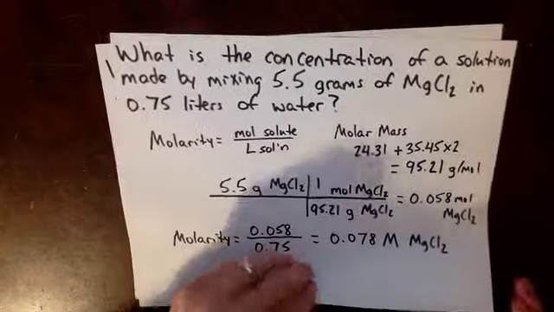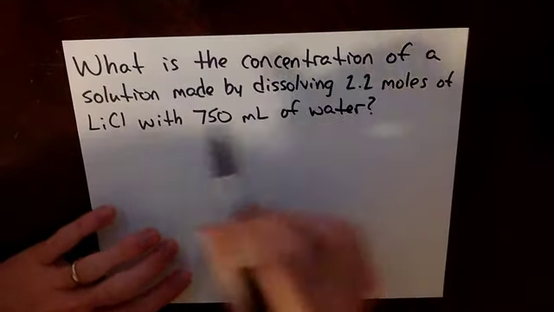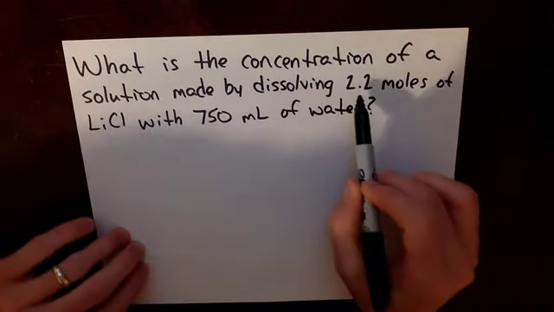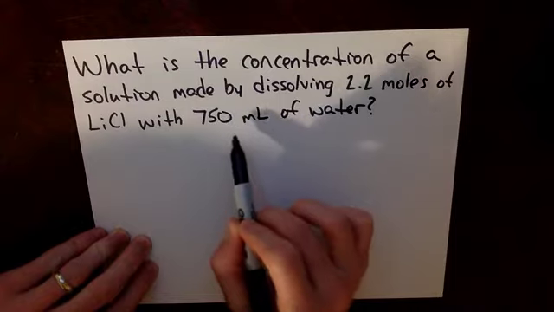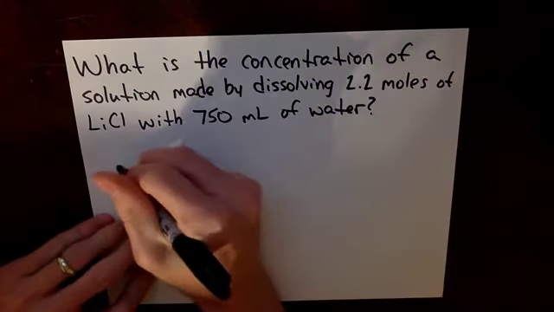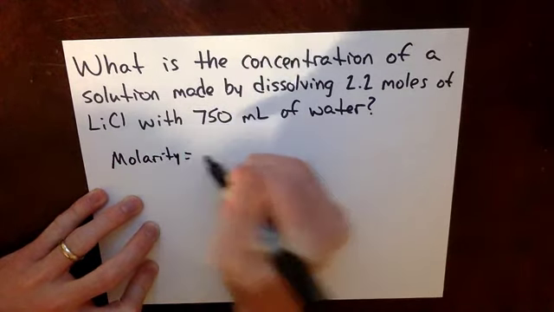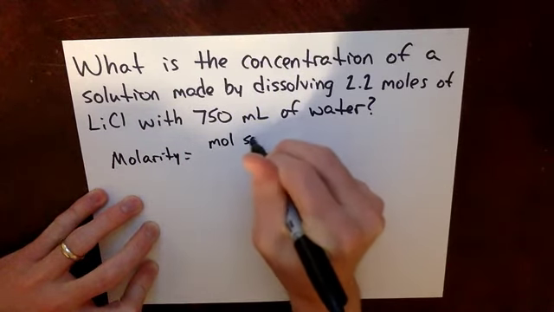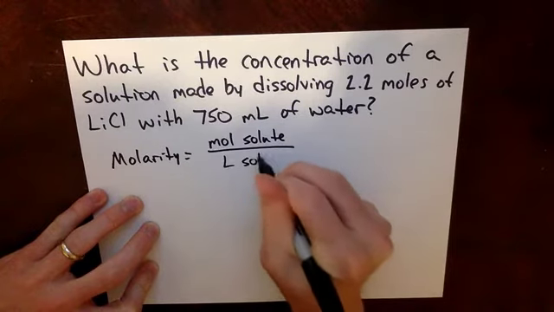Okay, and the next and final practice problem. What's the concentration of a solution made by dissolving 2.2 moles of lithium chloride with 750 milliliters of water? So one more time, molarity is moles of solute over liters of solution.